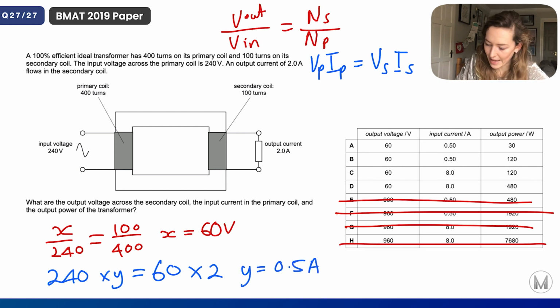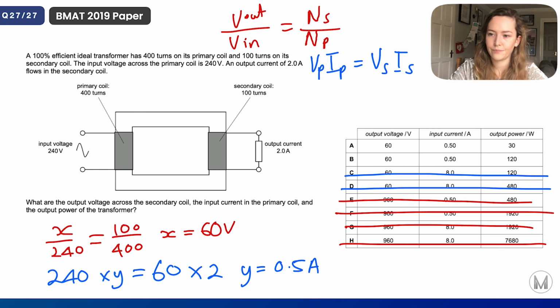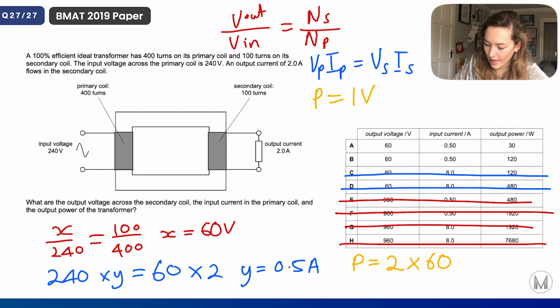I can further eliminate C and D. Finally, to work out the output power, we'll use the equation P is equal to IV. So power, P, is equal to I, 2, times my value for V, which is 60, and that is 120 watts. Therefore, my answer is B.